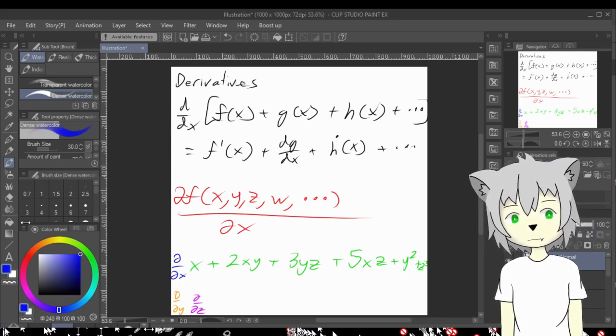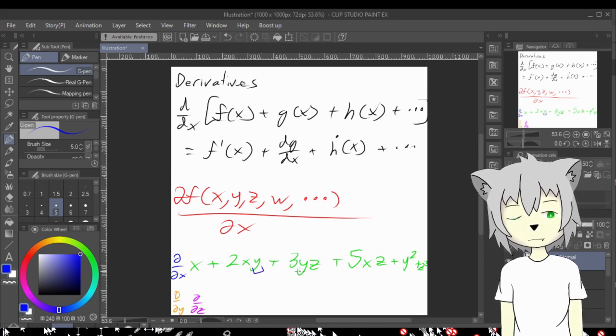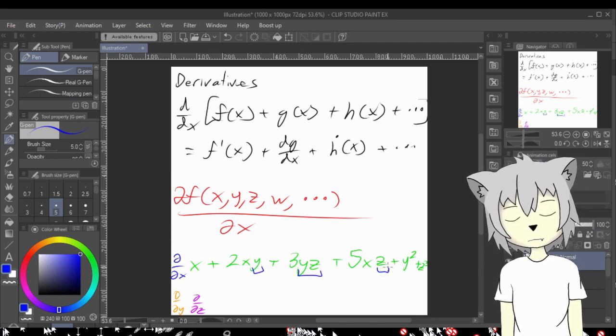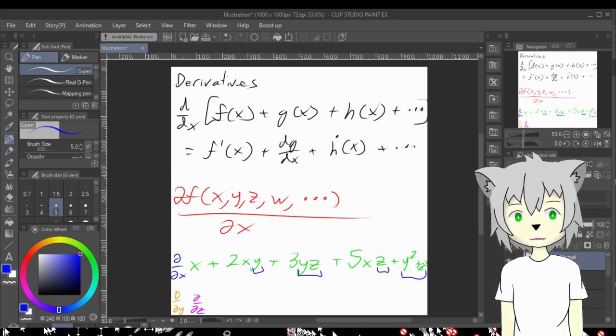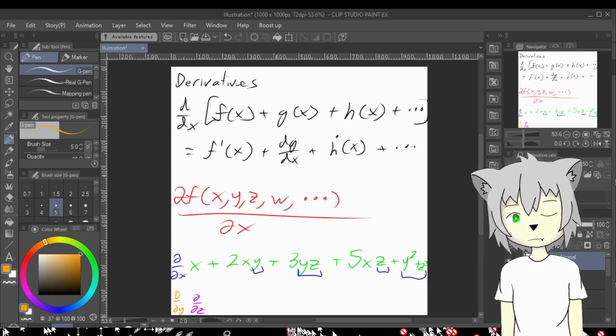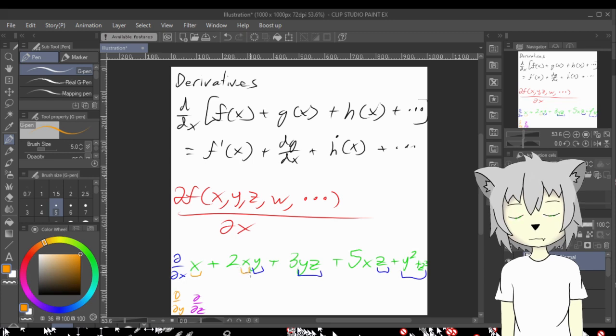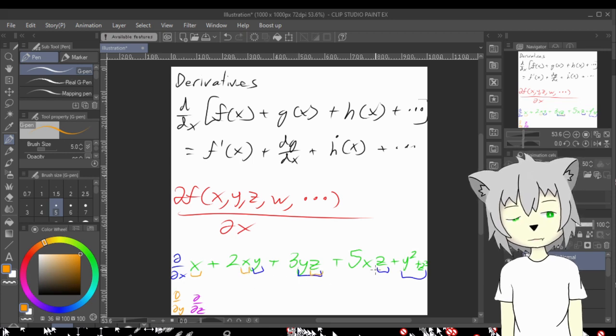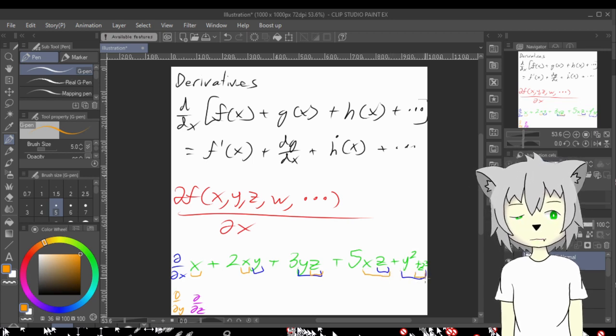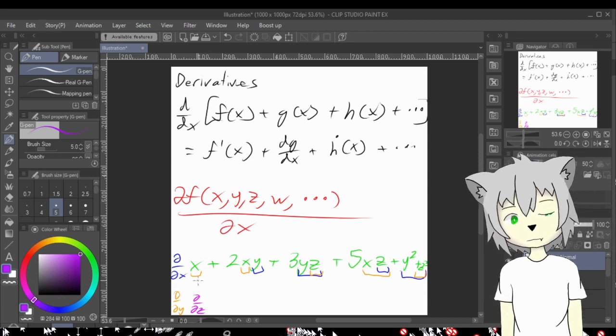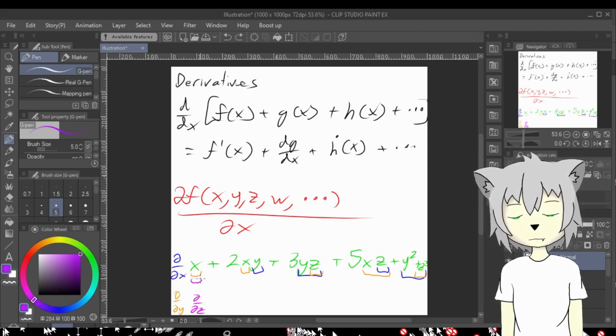But if you're doing it with respect to x, you treat the y and z variables as constants. If you were evaluating it with y, you treat the other variables as constants. And if you're doing it with z, again, this is also a constant.